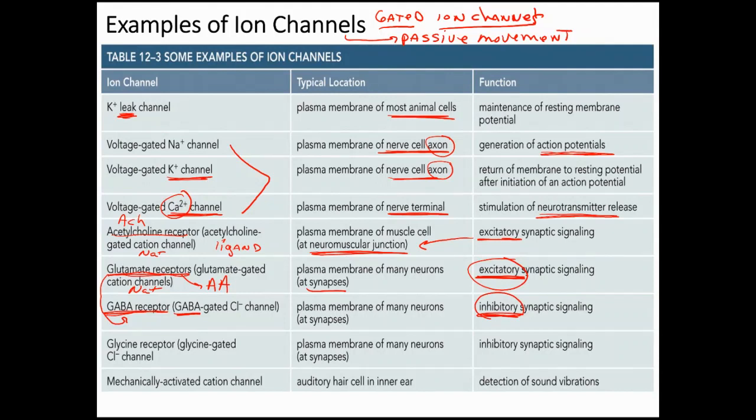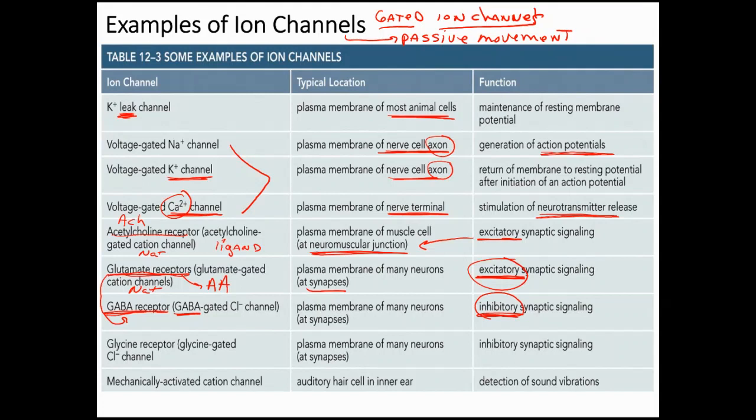All right, so excitatory neurotransmitters, when they bind to their receptor, usually cause depolarization of the membrane and excite the membrane, maybe bringing it to threshold, and an action potential is initiated.